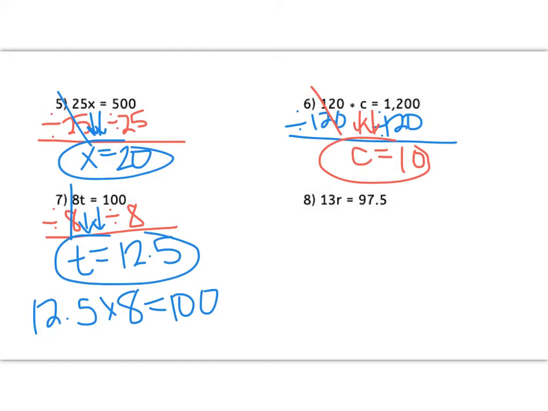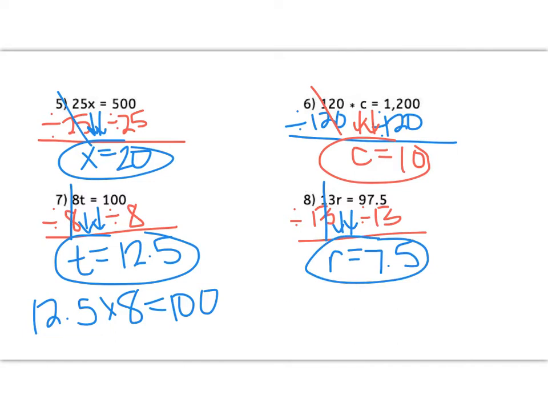Let's look at number 8. 13 times r equals 97 and 5/10. So 13 times r, since we're multiplying by 13, we need to divide by 13, and we need to do that on both sides. So I'm going to take my multiplying and dividing by 13, opposite operations cancel, bring down my r, bring down my equal sign, and then in my calculator I'm going to put 97.5 divided by 13, and I'm going to get 7.5.